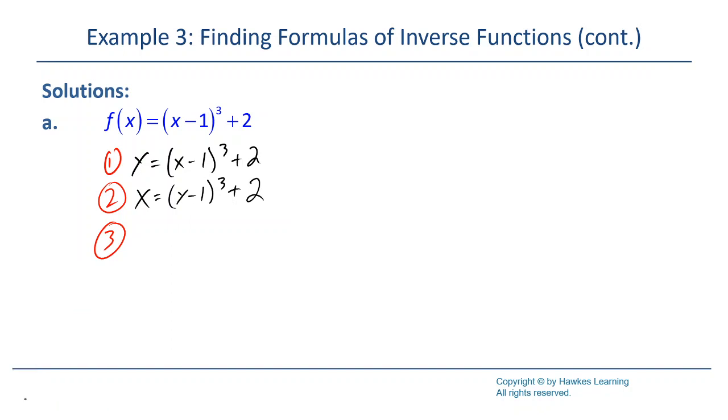Now, the thing is, do not expand y minus 1 cubed. Can you do that? Yes. Do you want to do that? No. Why? Because if you do that, now you have turned this into an intense factoring problem. Don't turn it into an intense factoring problem.